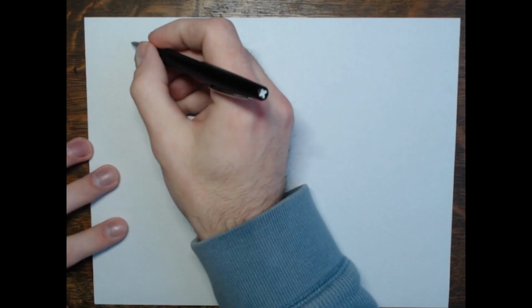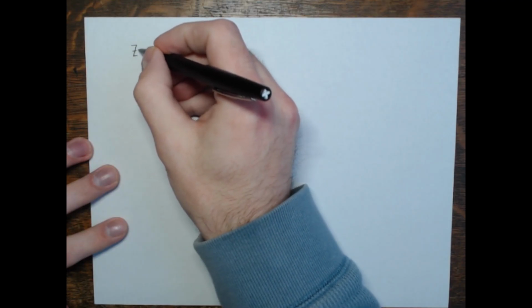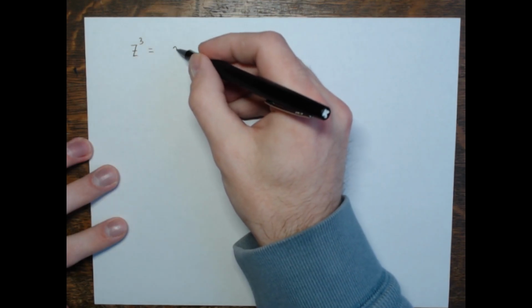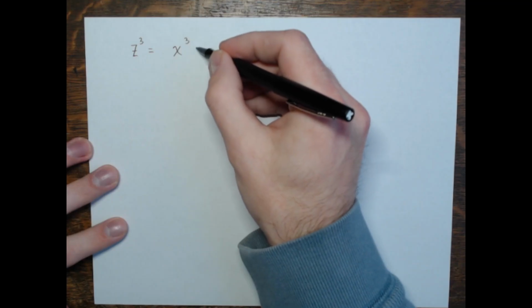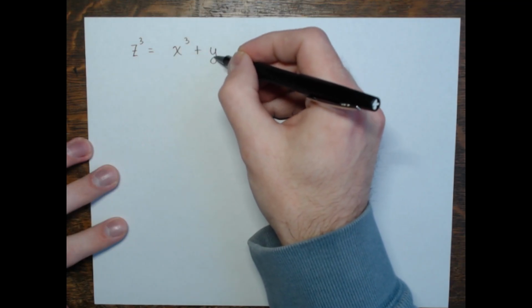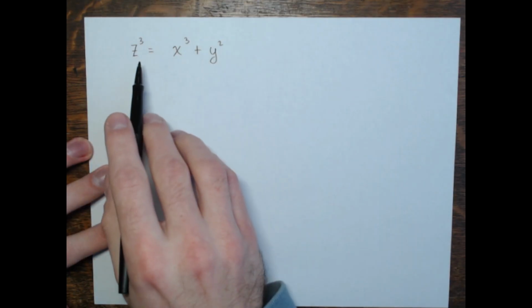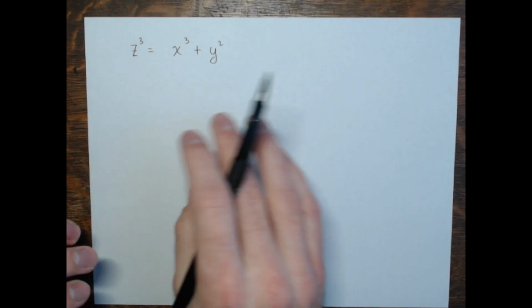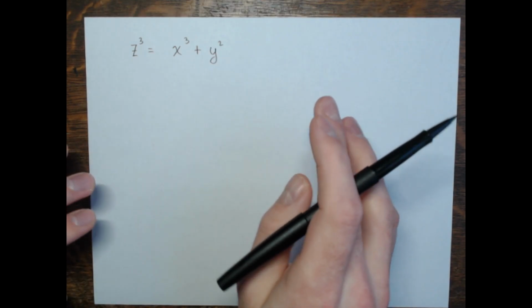So here's the equation we're initially starting with. Again, z to the third power must be x to the third plus y squared. Once again, x and y and z all depend on this other variable called t.